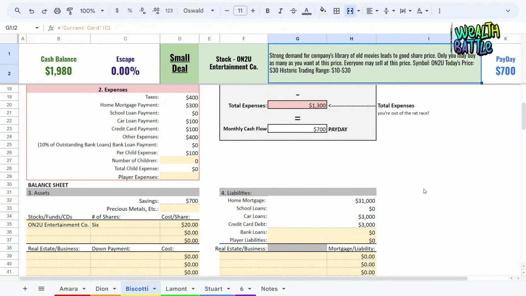Biscotti says nay. Okay. So, Biscotti, do you want to sell any of your Onto You Entertainment stock? Just going to throw that out there as an option. Or is that also a nay? Type. If someone wants it. No, you can sell it for cash to the stock market.